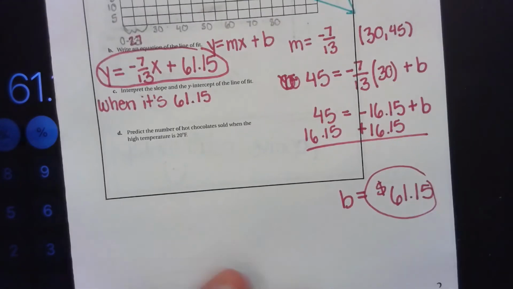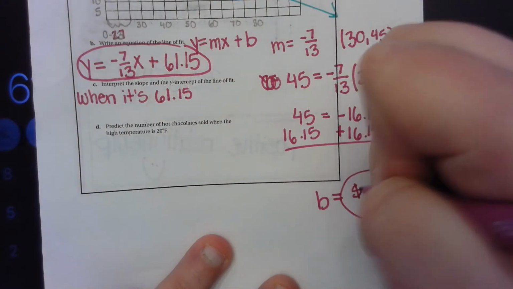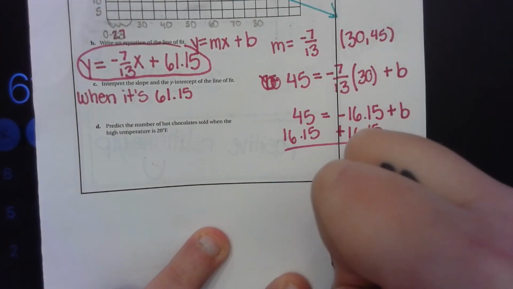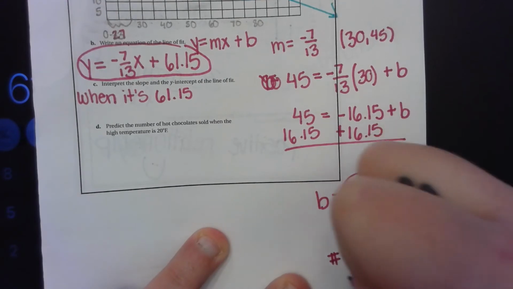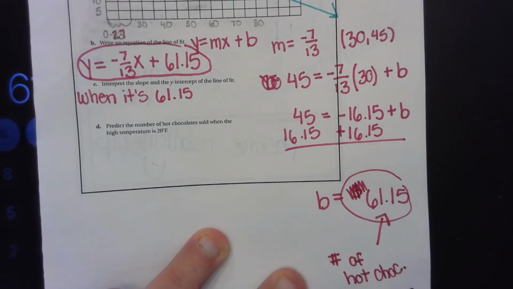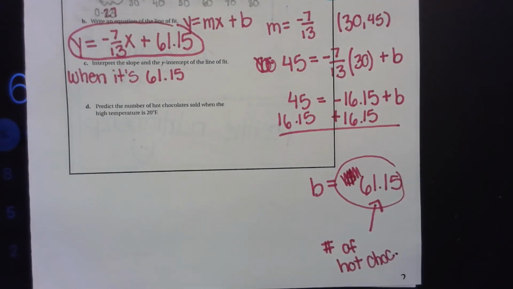I've been telling you all wrong. This is not the money, just kidding. That right there is the number of hot chocolates. This is why you read your instructions. So, sorry, let's go back to what I was saying.